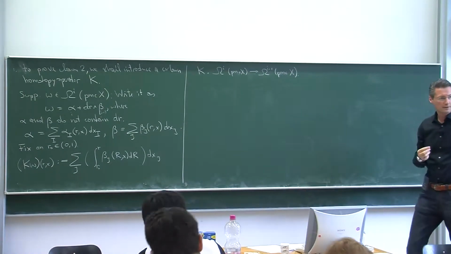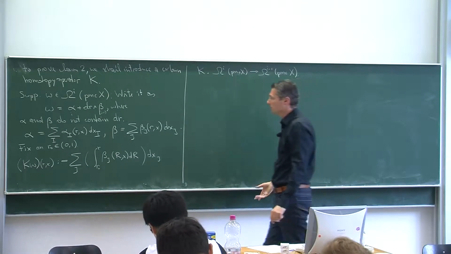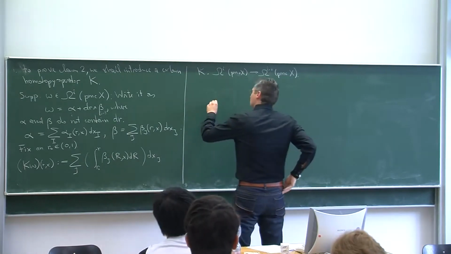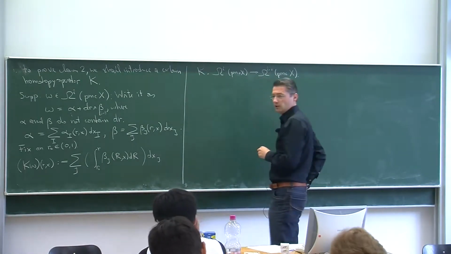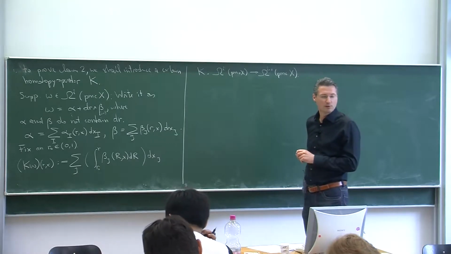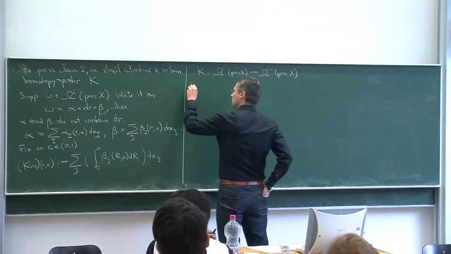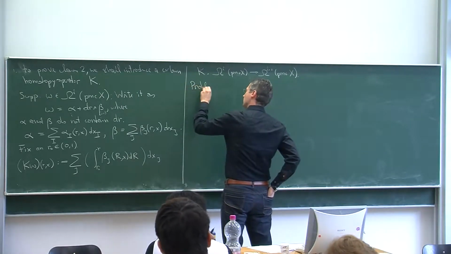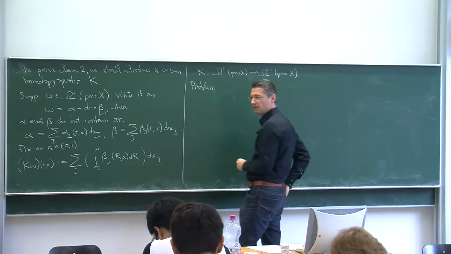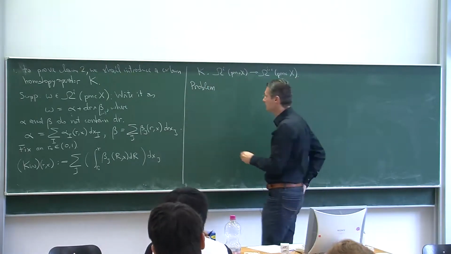And this construction has two main properties. And my suggestion is actually that you think about those for the problem session. So I've told you exactly everything you need to know. The operator is there.